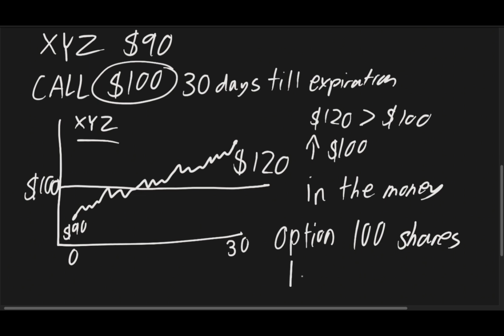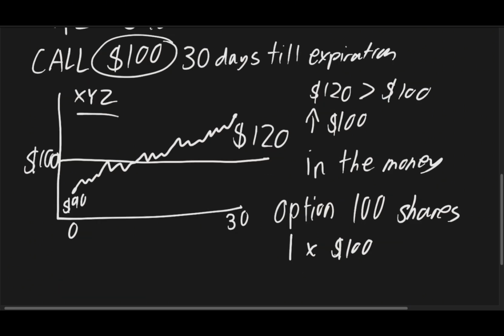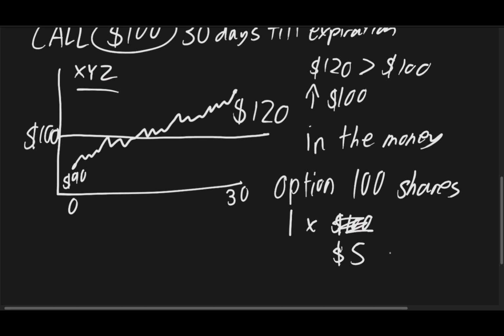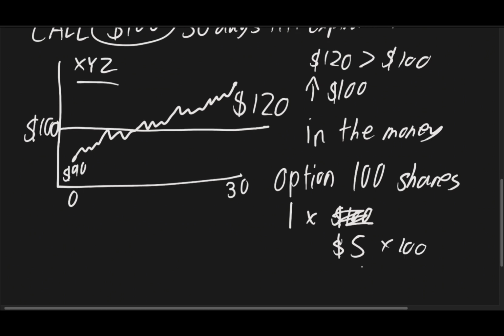Let's say you bought one option at $100. This doesn't mean you pay $100, by the way. Let's say, for example, you pay $5 per option, and since it's 100 shares, you pay $500. You might be thinking, what if I just buy the stock? I'll make money that way. Well, you only spend $500 here.